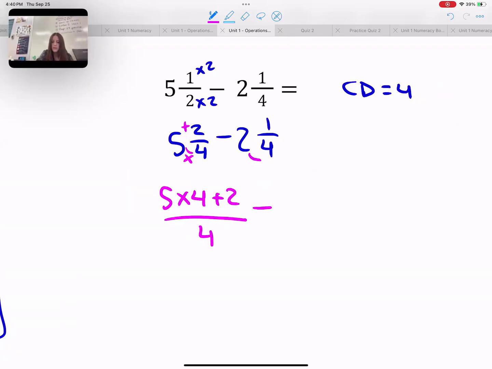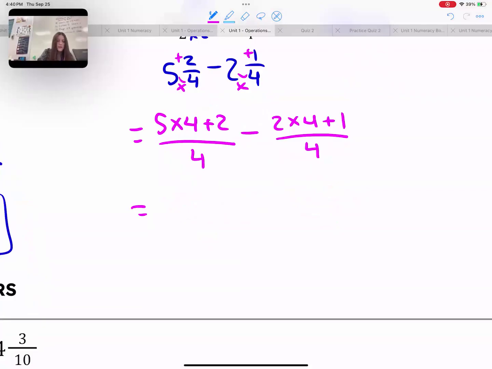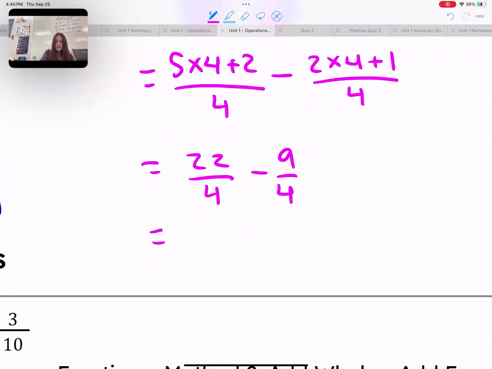Same with this number. 2 times 4 plus 1 over 4. And that is going to give me 22 over 4 minus 9 over 4. And then I can solve the fraction operation.